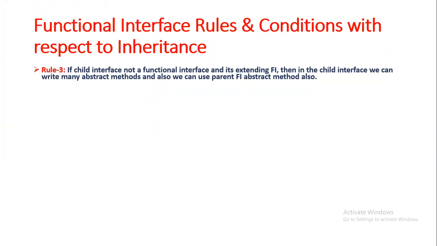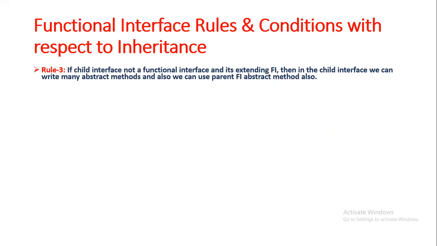Next. If the child interface is not a functional interface, it is a normal interface, but this child interface is extending the parent functional interface, should the child interface have only one abstract method or many?